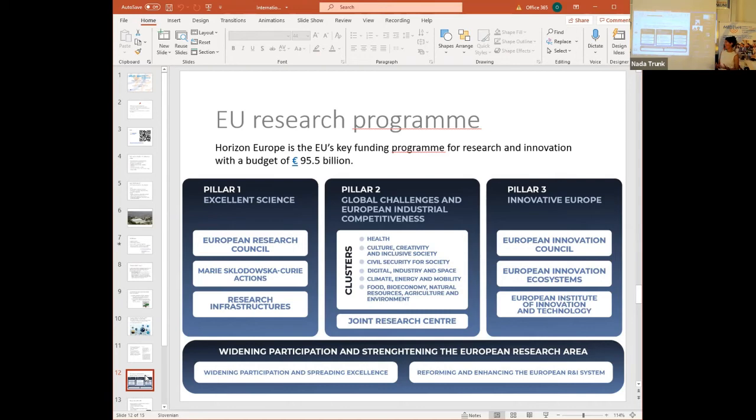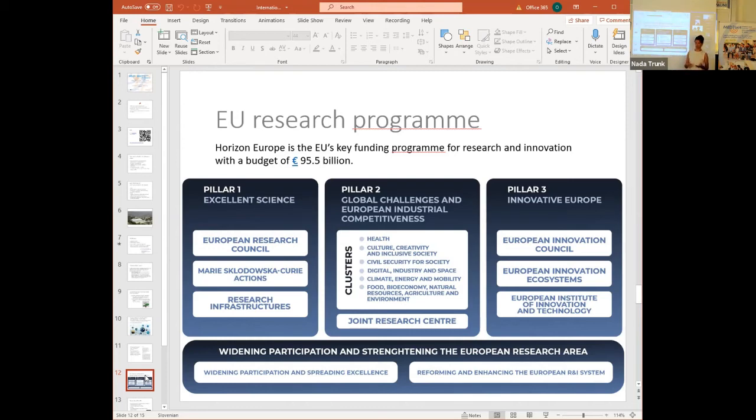And so there are three pillars. What they call excellent science is really dedicated to excellence, and the value of ideas is sort of the only criterion. But then in pillar 2, which is global challenges and European industrial competitiveness, internationalization is almost an eligibility criterion.